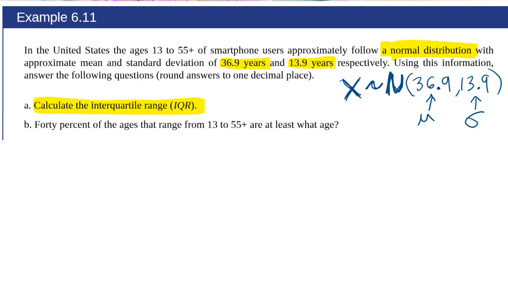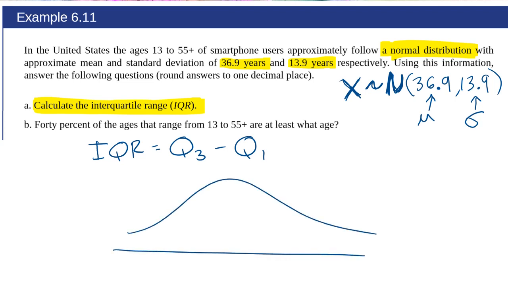The first thing you need to know is what is IQR? What is interquartile range? IQR is the third quartile minus the first quartile. So what is the third quartile? If I have my normal distribution, it's centered on its mean, 36.9.